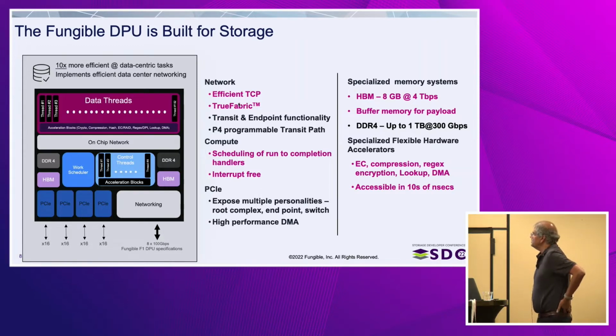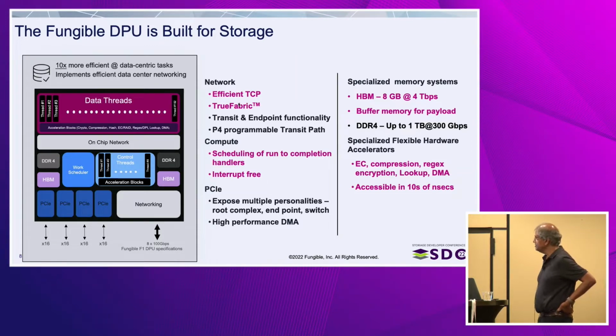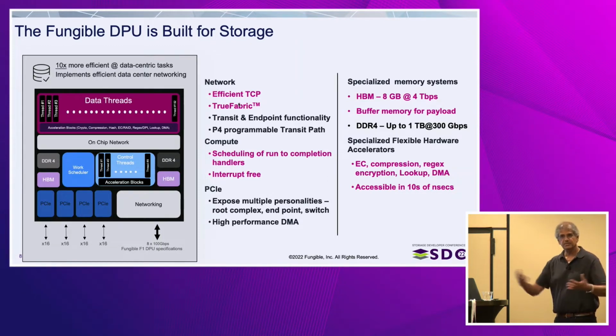So on the networking front, very efficient TCP. We've built very efficient TCP with the DPU. I think it takes like only one core and can do 100 gigabits per second. We do have this thing called True Fabric. I won't talk too much about it, but the True Fabric is something that really can avoid congestion in the data center network. Those are all important to building storage, to building network storage, right? Networking is important for network storage.